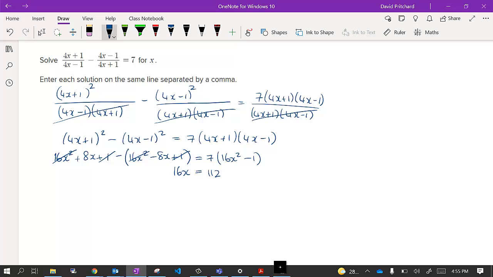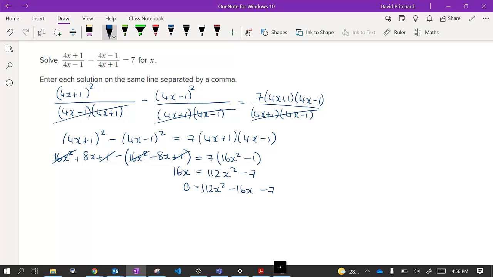And that's 112x squared, take away 7. All right, so now if we subtract 16x from both sides, we end up with a quadratic, 112x squared, take 16x, take 7 is equal to 0, and we've got something we can solve.